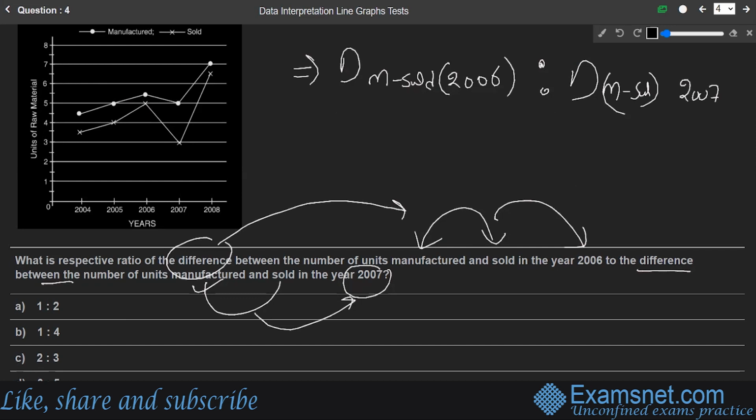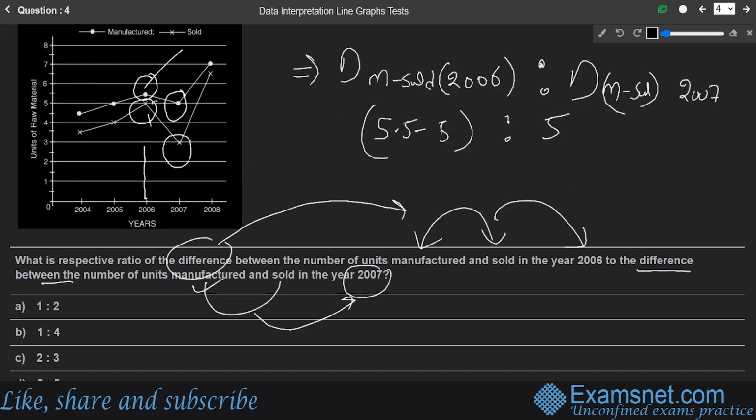Let us find out the manufactured minus sold value for 2006. If we see the 2006 line, manufactured value is 5.5 and sold value is 5. So the difference becomes 5.5 minus 5, that is 0.5. In 2007, manufactured value is 5 again, sold value is 3.